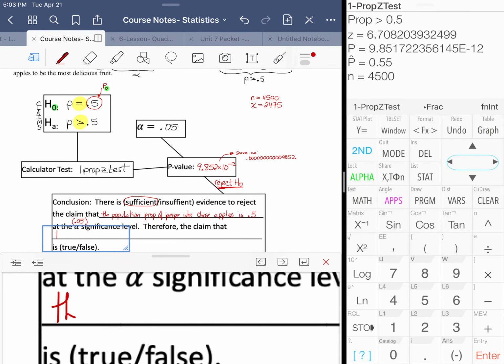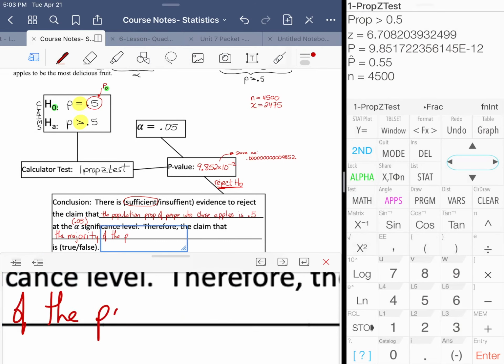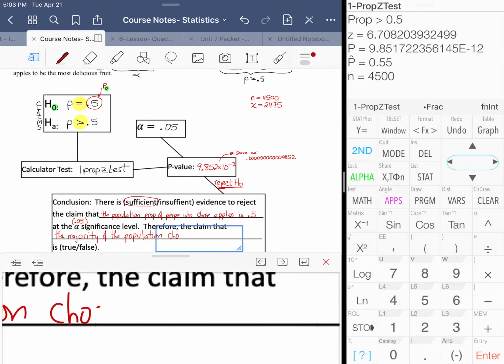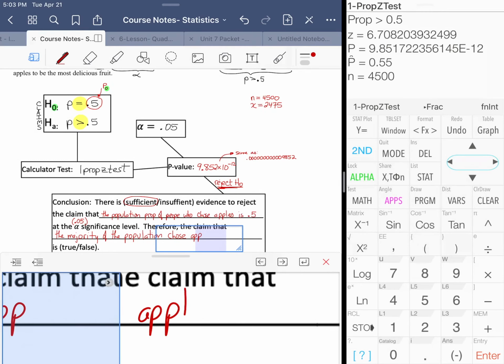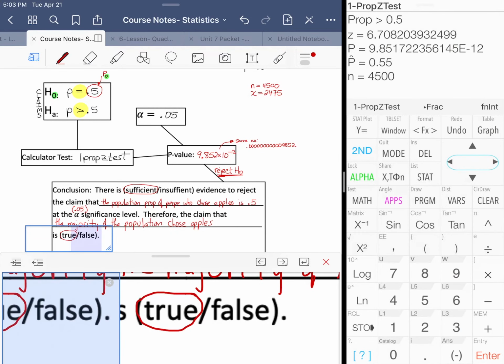So here I would say, therefore, the claim that the majority of the population chose apples. I'm getting a little lazy here. As the most delicious fruit, there's not really enough room for that. I'm just going to say chose apples. I think it's pretty clear what I'm talking about based on the context of the problem. That's going to be true.